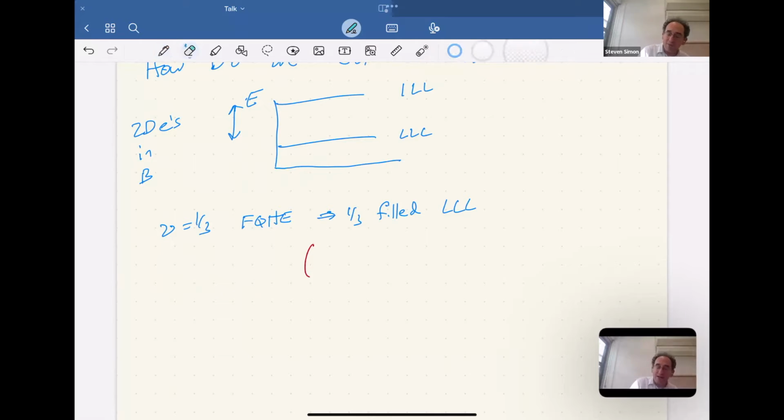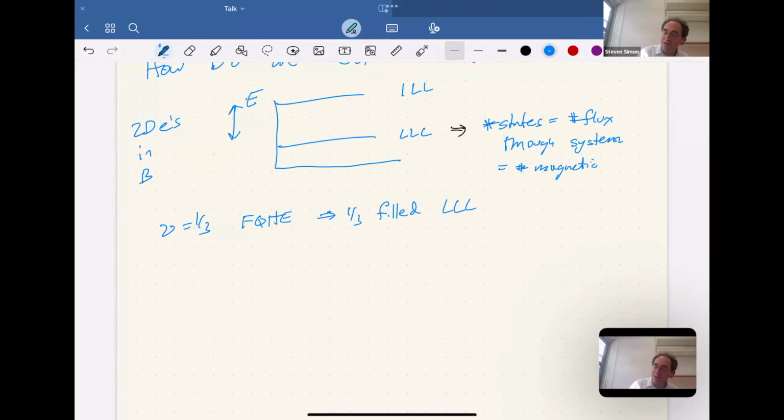Maybe I should say that in the lowest Landau level, the number of states equals the number of flux through the whole system. Or you can say that's also equal to the number of magnetic unit cells.